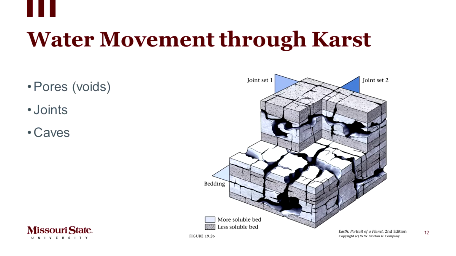So most of the pathways that water can follow through the limestone are secondary porosities, the joints that form after the bedrock forms, or the caves that form as those joints and fractures get enlarged into bigger and bigger passages. So we can separate this out as pores, joints, and caves. These are the pathways water can take through our karst aquifer.